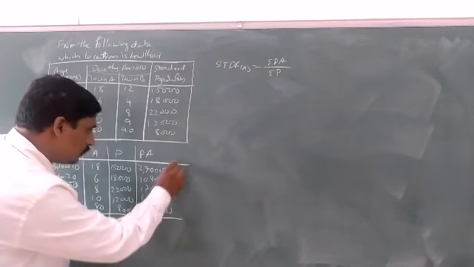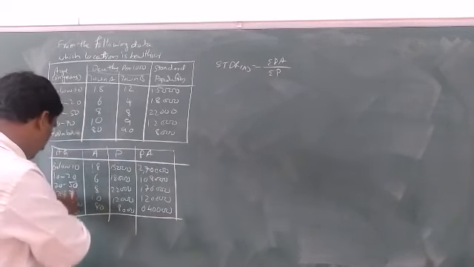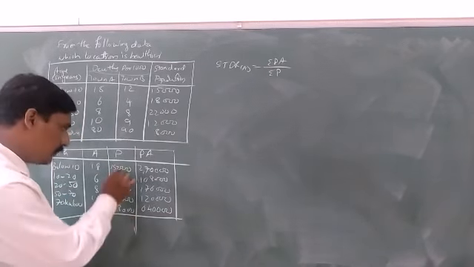So make the total of the columns, both the P column and the PA column.